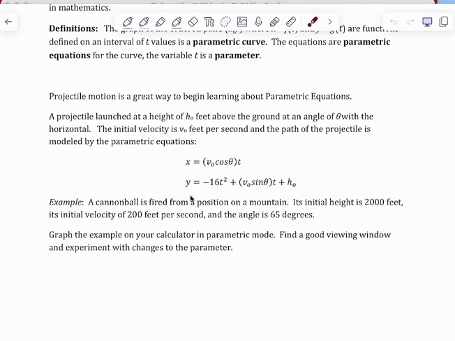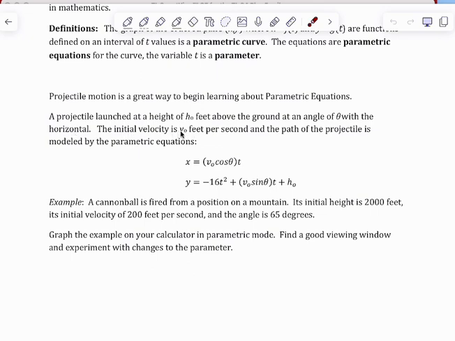So I want to start with projectile motion. I wrote that projectile motion is a great way to begin learning about parametric equations. You're not going to need to memorize this formula, so you don't have to worry about it, but it's nice to understand. It says a projectile is launched at a height of h sub o, that's like original height, feet from the ground at an angle of theta with the horizontal.